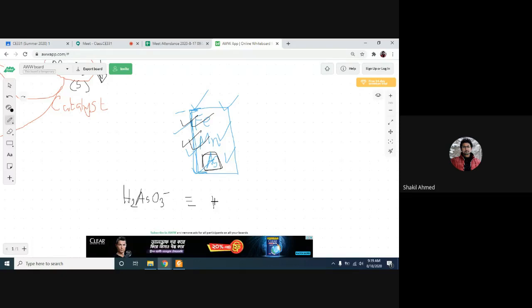So hydrogen is plus 1 multiplied by 2. For arsenic, we don't know. That we need to find out. How many arsenic? One arsenic ion, so 1, plus for oxygen it is minus 2 valency.